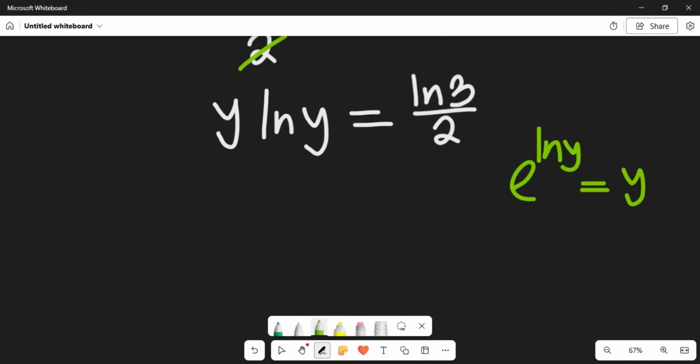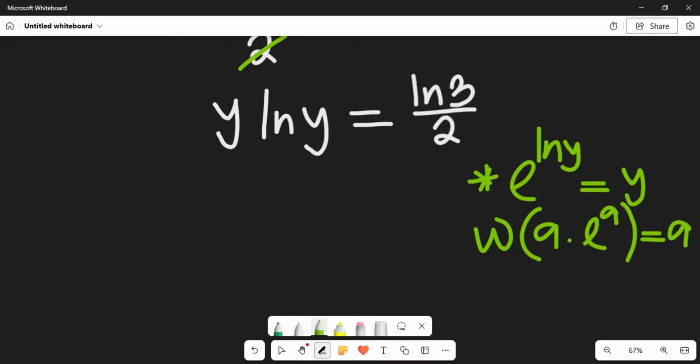And according to the Lambert W function, if we have the Lambert W of a given value a multiplied by the exponential value of a, this will simply be equal to a. Now, bearing these two rules in mind, we want to simplify that maths expression.